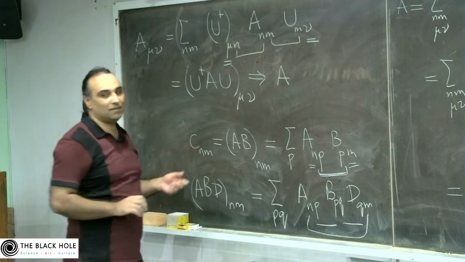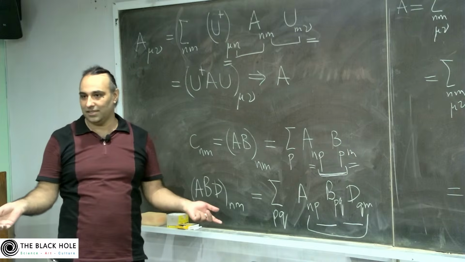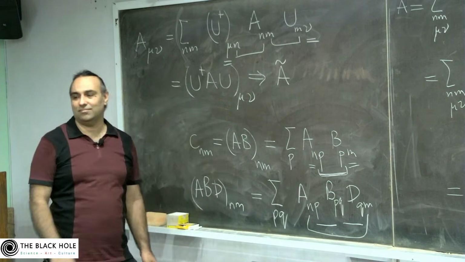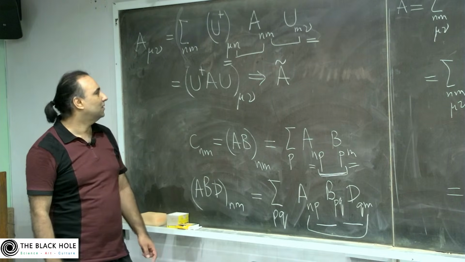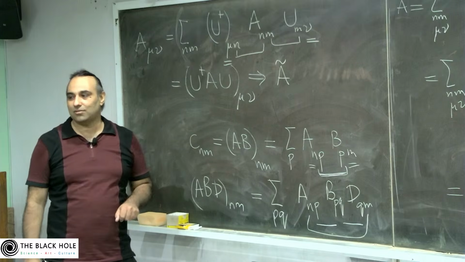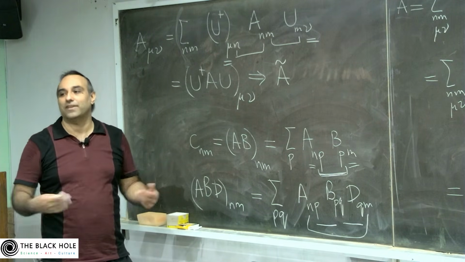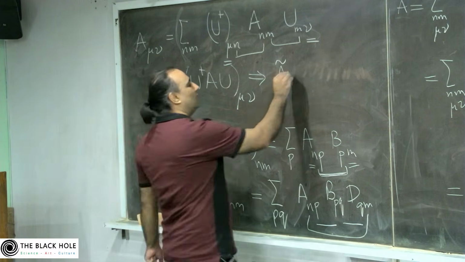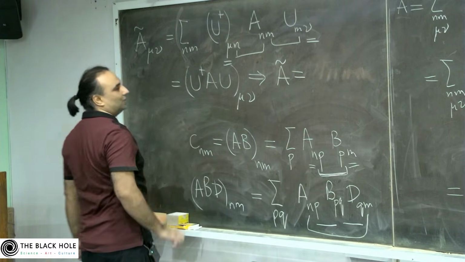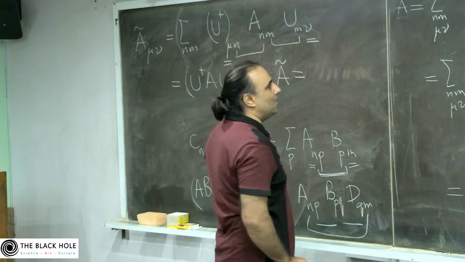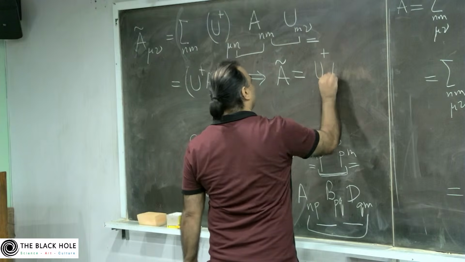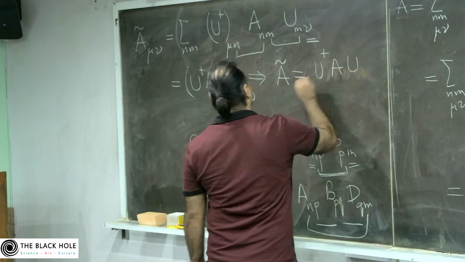Since in the new basis the numbers are different in general, let's put a tilde. No, hat is for operators here, so a tilde, just to distinguish that it becomes a different matrix in the new basis. So this is now U dagger A U.